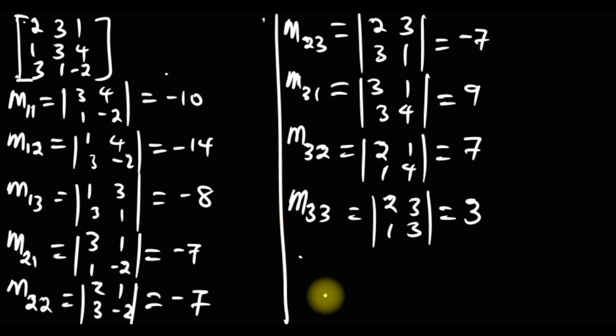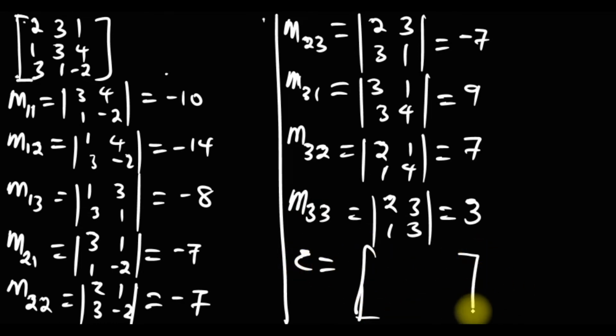So we see that the cofactor matrix is the matrix of the minors, but you need to alternate in sign. So this 1 plus 1 is an even number, so the sign remains the same, but this is an odd number, so the sign changes to plus.